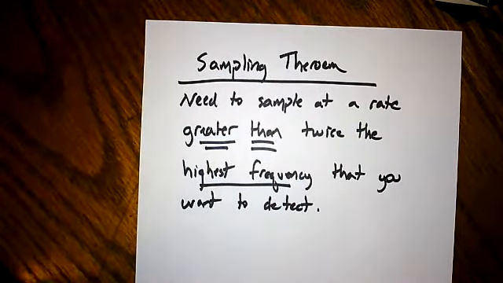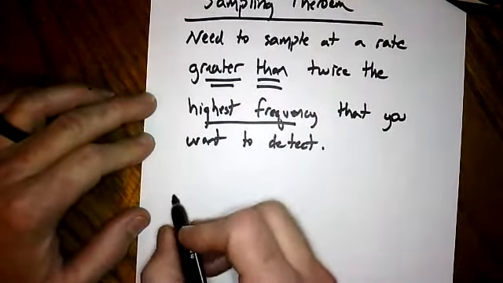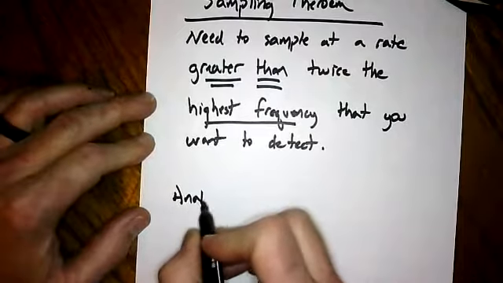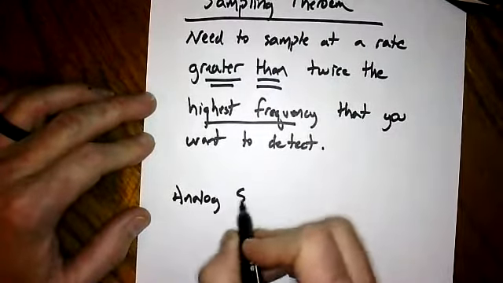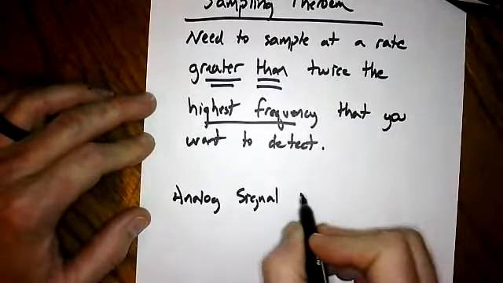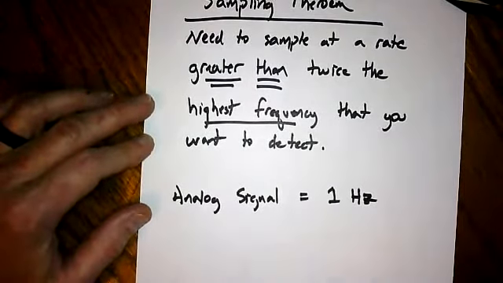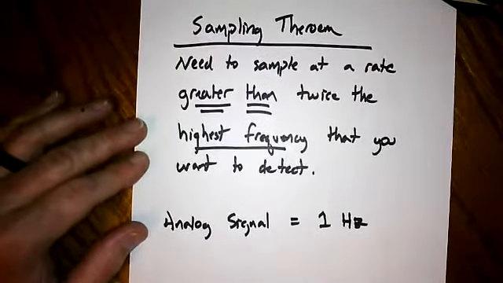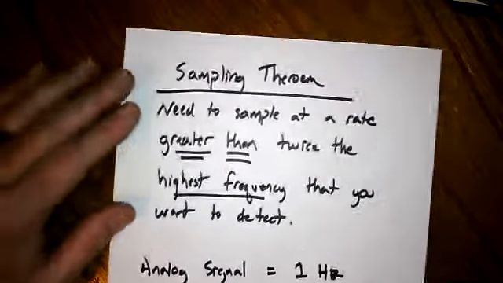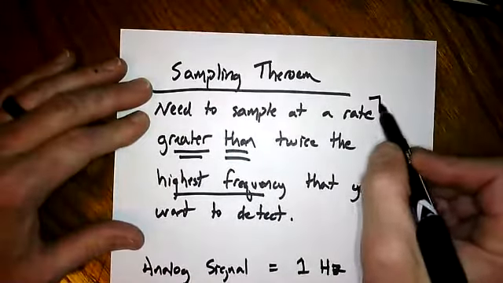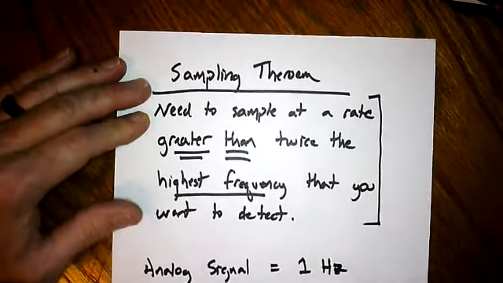That's the sampling theorem. So in my 1 hertz analog signal example, if the analog signal is 1 hertz, in order to collect all, sorry, I should have added in one more thing, and I'm gonna cheat, and I'm gonna add it in right here.